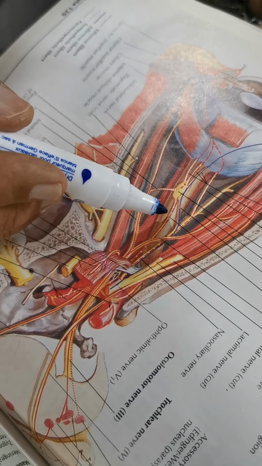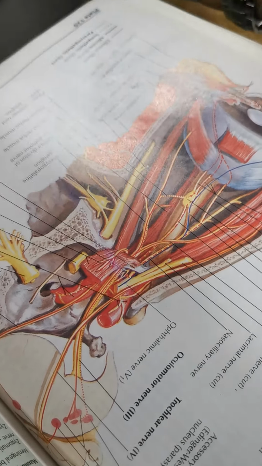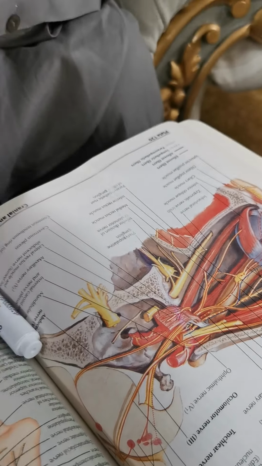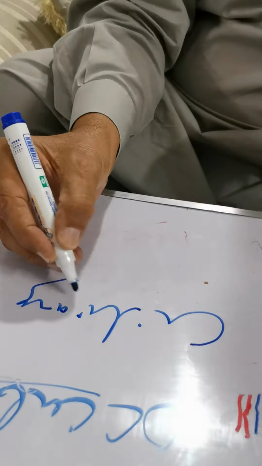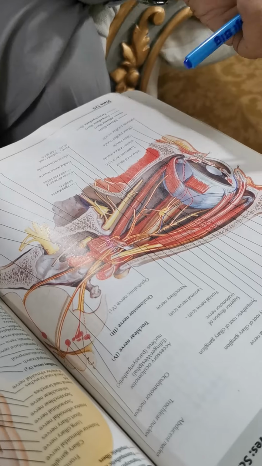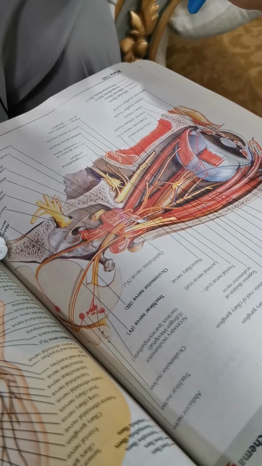the nerve to the inferior oblique and enter into this ciliary ganglion, where they relay. After that, the postganglionic fibers originate from this ciliary ganglion.